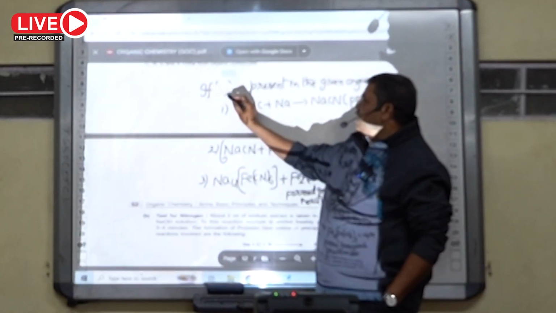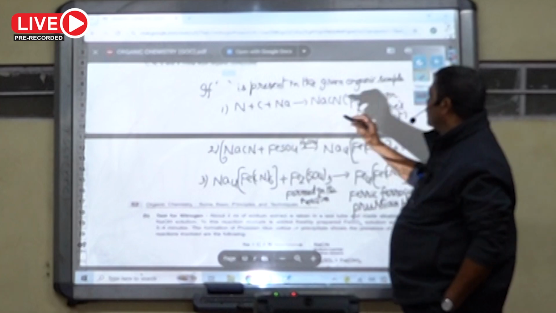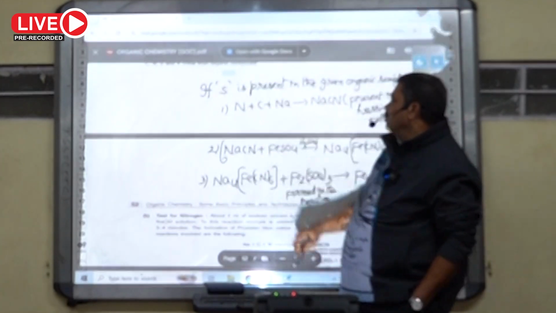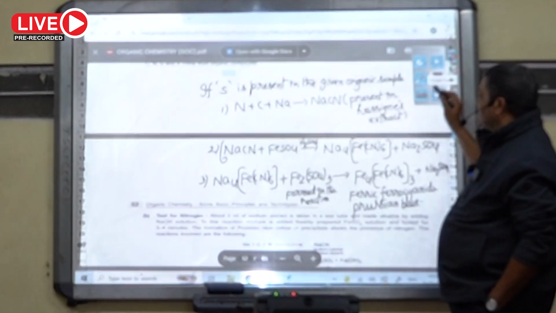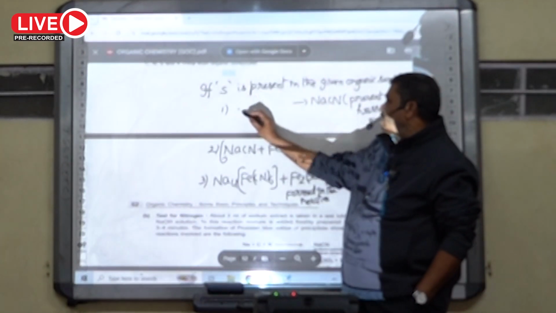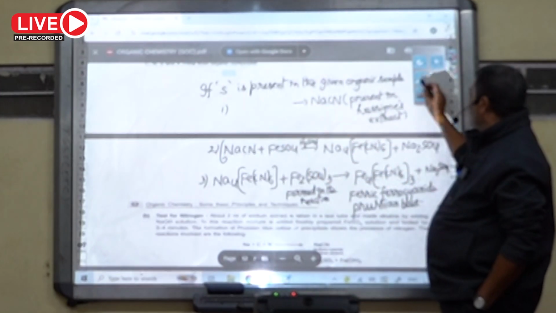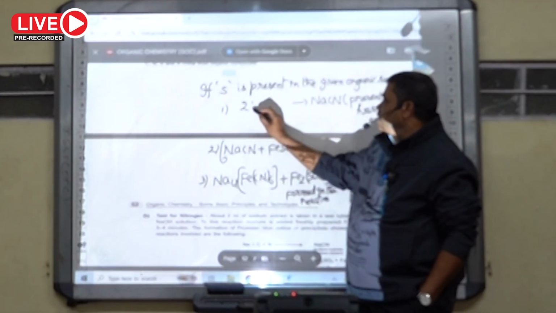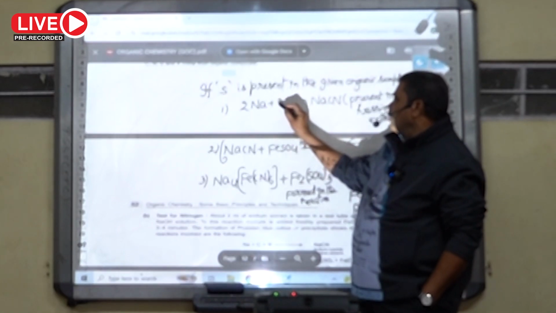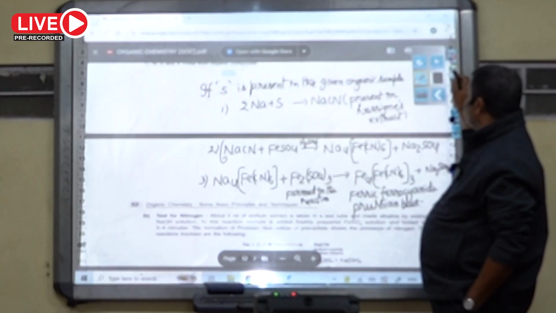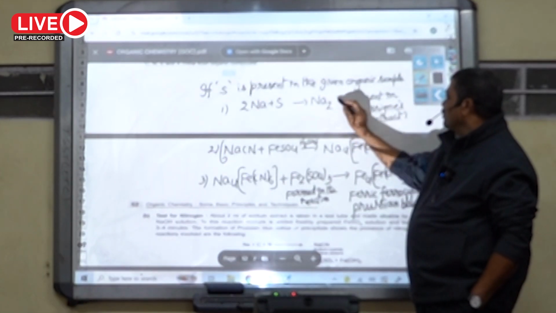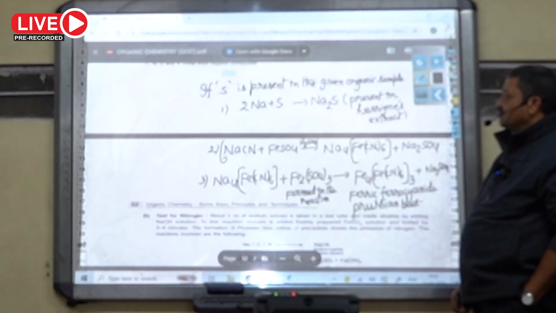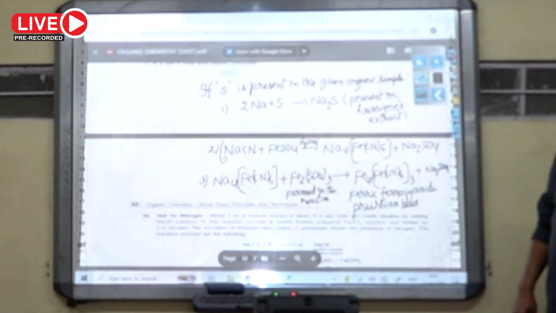So if sulfur is present in the given organic sample, sodium and sulfur react and form a water-soluble sodium sulfide present in the Lassaigne's extract.